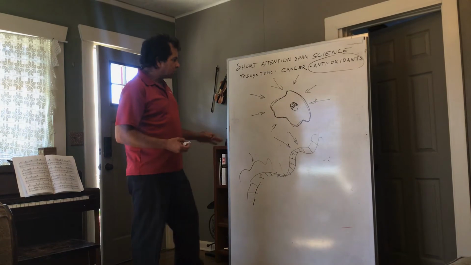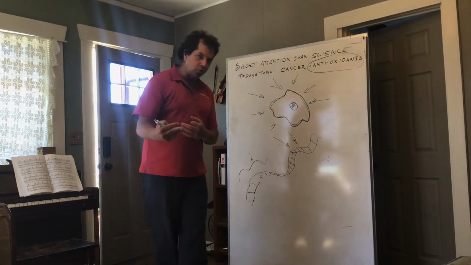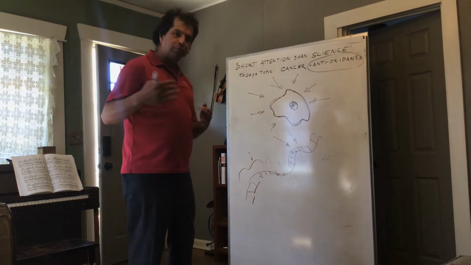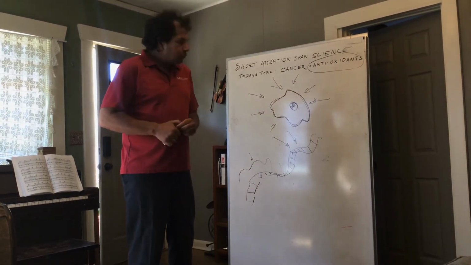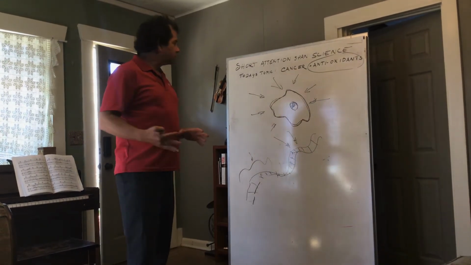So when this cell went to divide, it would be able to divide, it would be able to grow, and it would be able to live, but it wouldn't be right. It wouldn't do its proper job, and that's what cancer is.